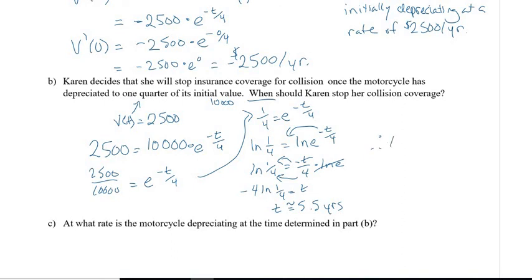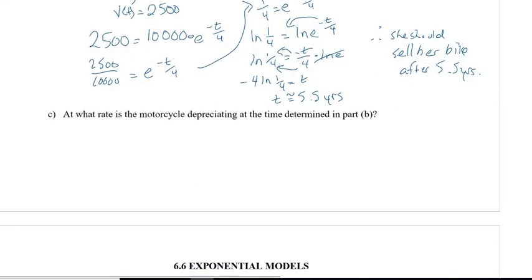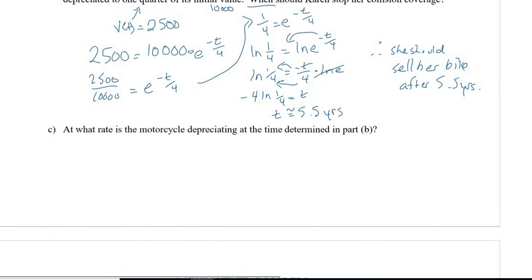Therefore, she should stop her coverage after 5.5 years. And lastly, at what rate is the motorcycle depreciating at the time determined in Part B? It's asking the rate, so we're going to use the derivative, and we're going to find that at 5.5 years.